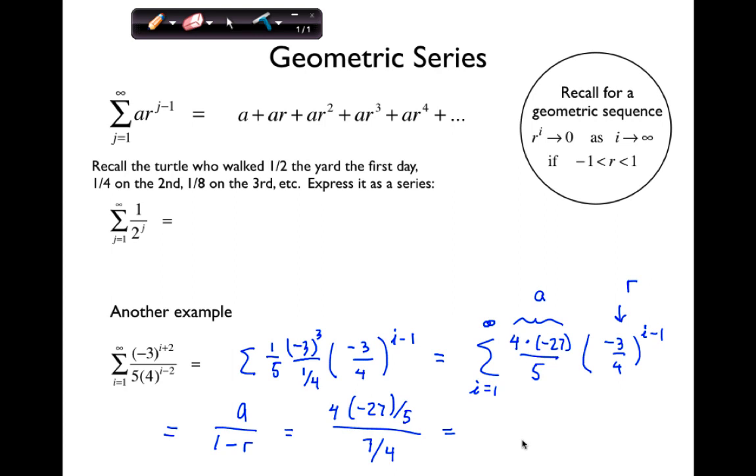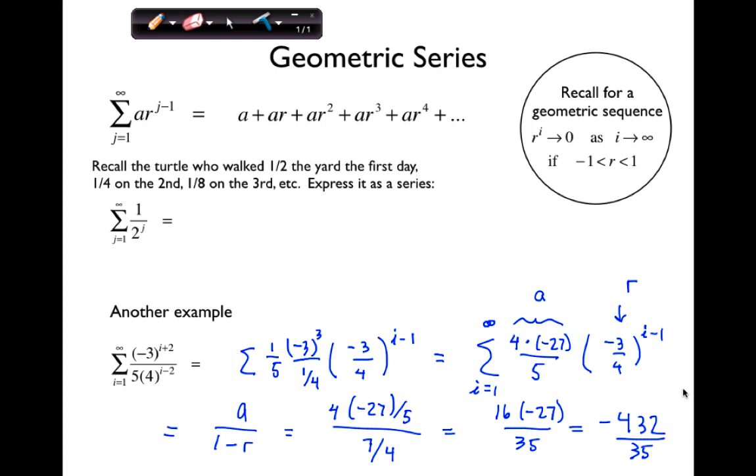Anybody got it? So 16 times negative 27 over 35. Whatever that is. Negative 432 over 35.